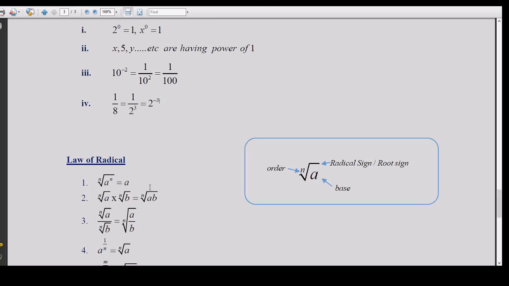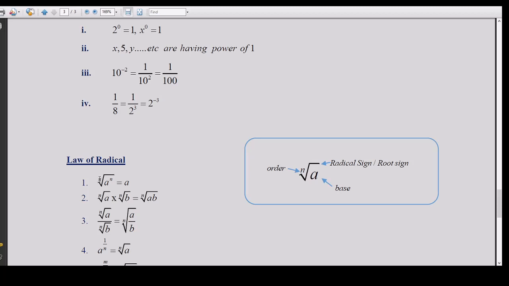Okay, now in the law of radicals, it says that if the order and the power are equal, then you will get only the base, no power, no radical sign, nothing. Clear?